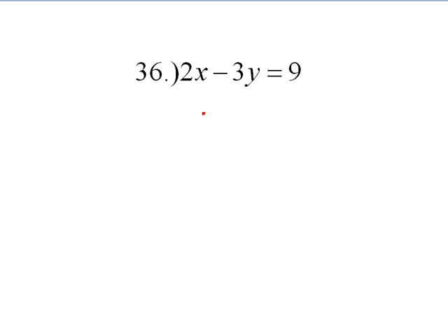Alright, now we want to get this into the y equals mx plus b format. So we have to do a little manipulation in order to do that. Let's take our algebra step by step. We'll put -3y equals, we put 2x to the other side of the equal sign, plus 9.